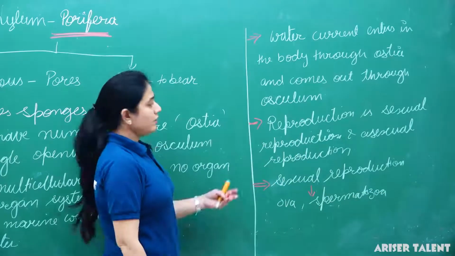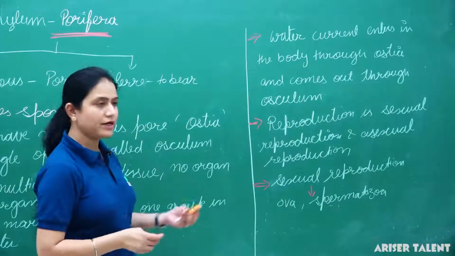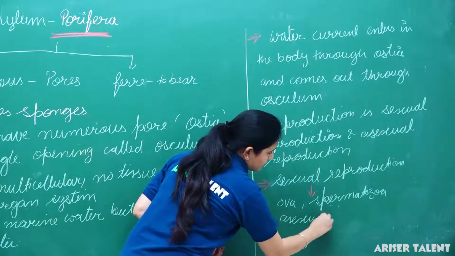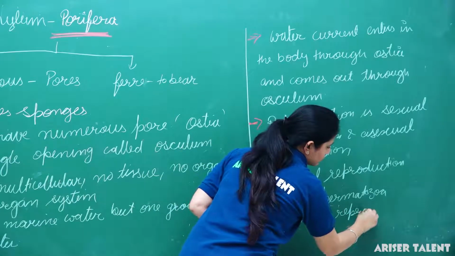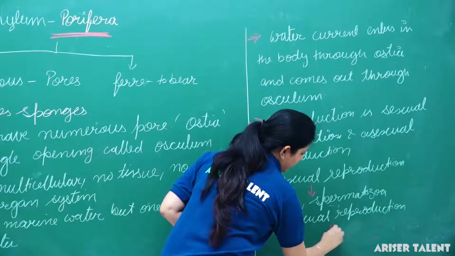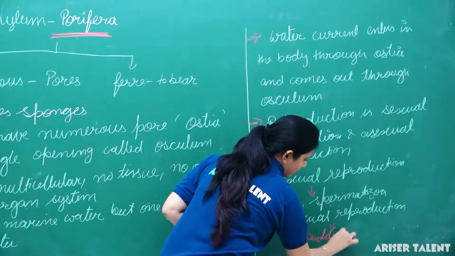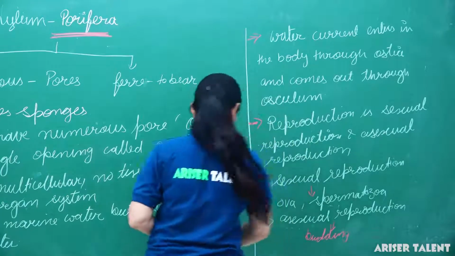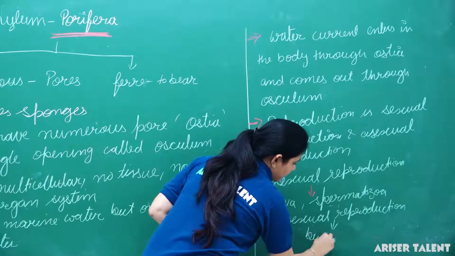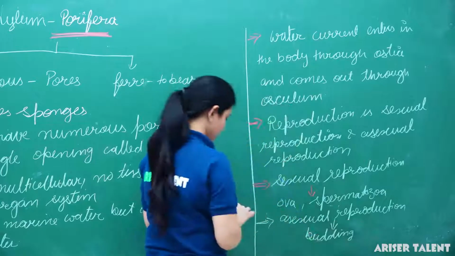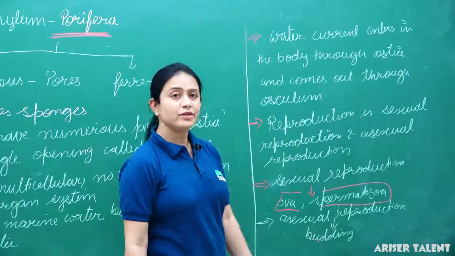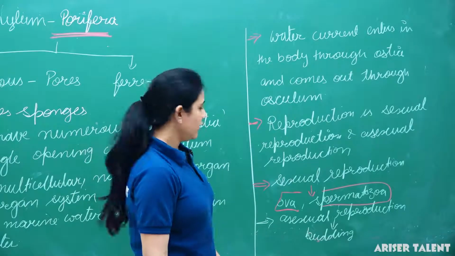And asexual reproduction includes budding. Is it clear? In sexual reproduction, ova and spermatozoa are formed, and asexual reproduction includes budding.